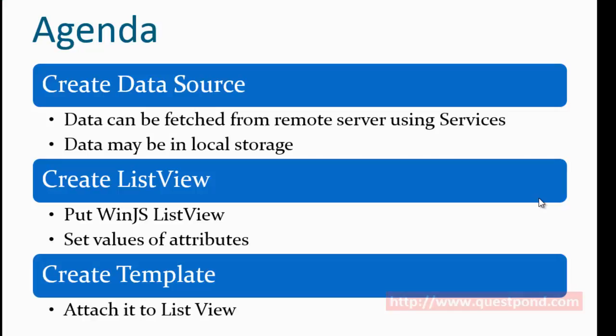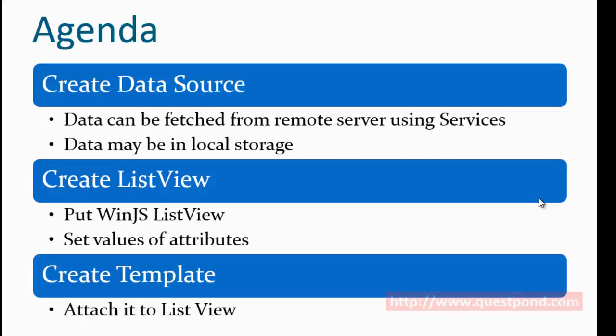Whereas if your data is coming from some remote service, for example, that service is exposing an OData endpoint or a REST endpoint, then you'll have to consume data accordingly, depending on the type of the service. Once you have data in your application, the next thing would be to put the WinJS list view control on your HTML page.